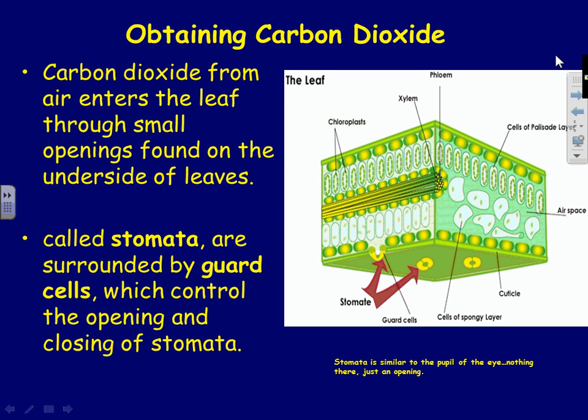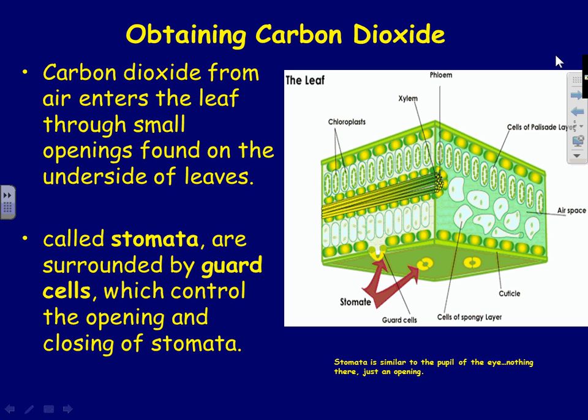And these things open and close. They open during the day because that's when photosynthesis is going to be taking place. And they close during the night because they don't want water vapor to be leaving. So these are cells that perform this function of opening and closing.